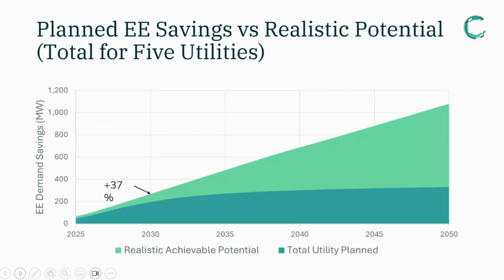And of course, just to note that the lighter green is the realistic potential, which is both economic compared to supply side resources, as well as achievable from a practical standpoint.